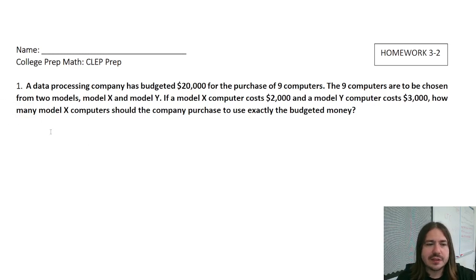So there's really 2 pieces of information here. There's information about how many total computers are being purchased, and also how much money is being spent in total and for each one. So we've got Model X and Model Y, so I'm just going to use X and Y to represent the number of computers that they should purchase.